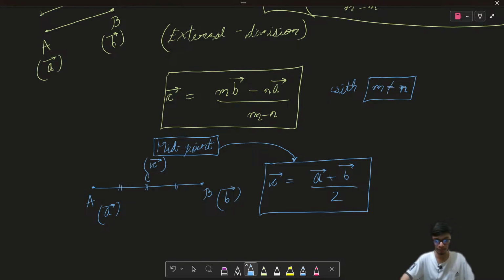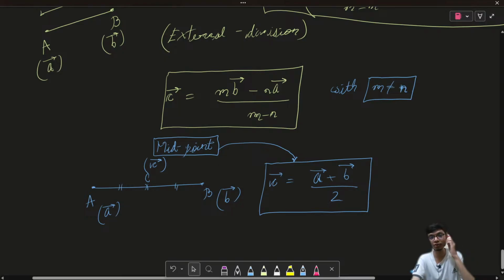Please let me know which part you want me to repeat. M not equals to n.